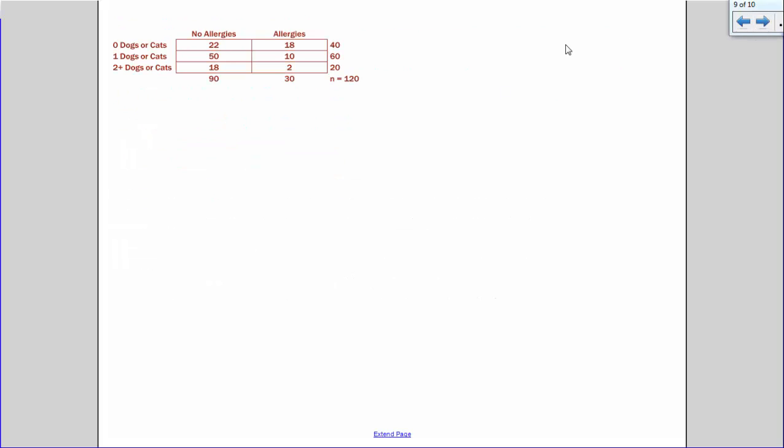All right, so let's go ahead and do our crazy calculations for step 3, finding that chi-square statistic. All right, so let's go ahead and recreate this table. So we've got 0, 1, 2 plus. And then we have no allergies and allergies. Okay, so for this first one, we are going to remember our expected frequencies is equal to the frequency for the column times the frequency for the row divided by the sample size.